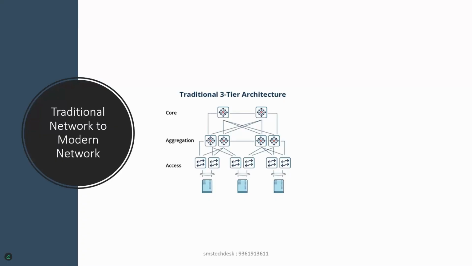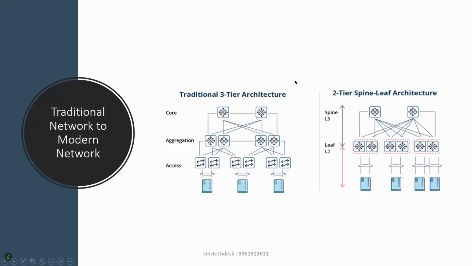So the industry decided to simplify the design. That's where the two-tier spine leaf architecture came in. In this design, servers connect to leaf switches, and leaf switches connect to spine switches. Every leaf connects to every spine. This gives faster communication, predictable performance, and easy scaling. If you need more servers, you add a leaf switch.